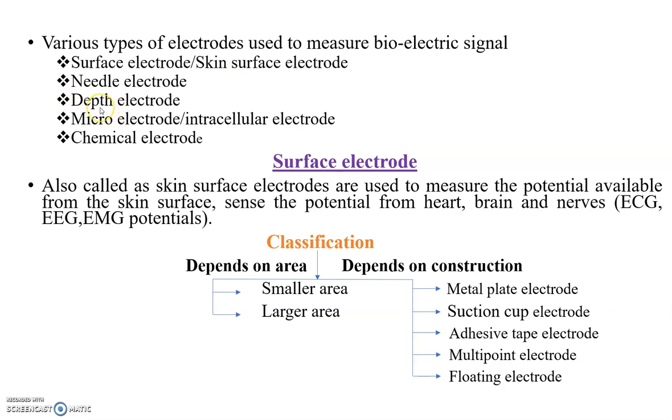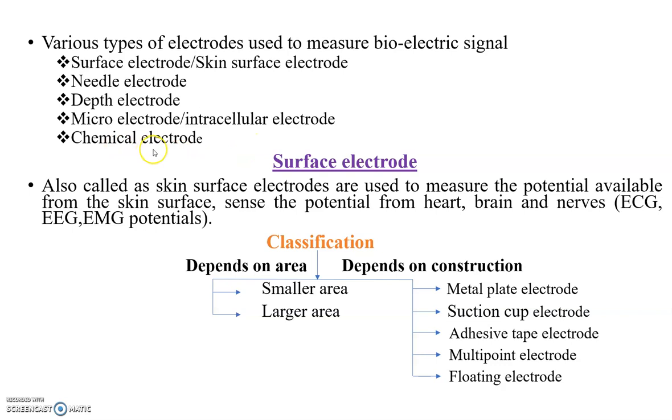Next, depth electrodes are used to study the electrical activity of neurons of the superficial layer of the brain. Microelectrodes are generally used for certain internal measurements of human body signals.